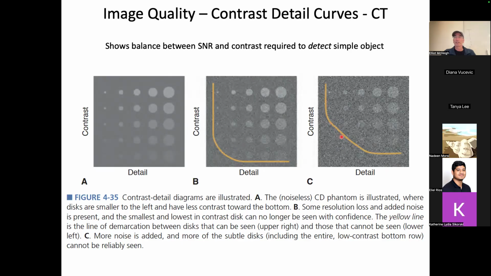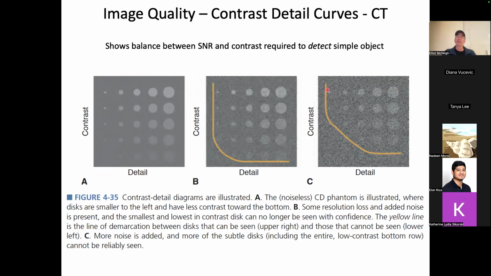And so this curve that encompasses all of those vials that I can detect, with 95% confidence or whatever you want to set your threshold to, and obviously if you set it differently, the curve changes, is called the contrast detail curve.